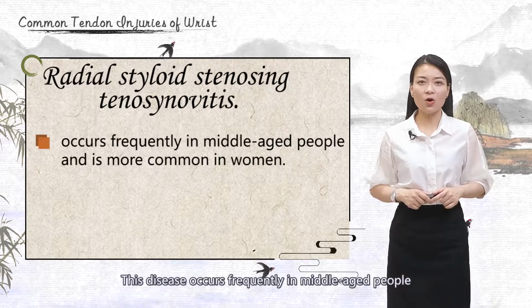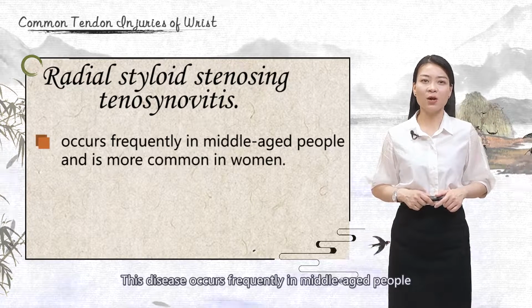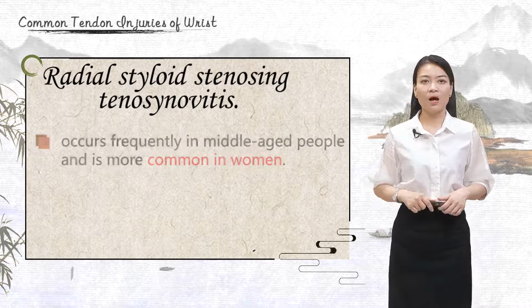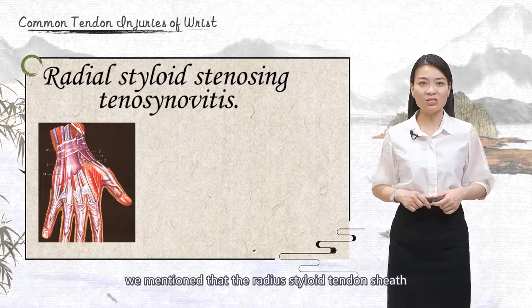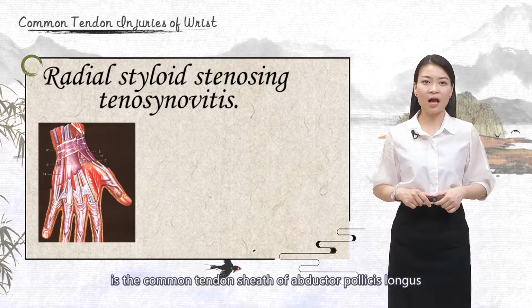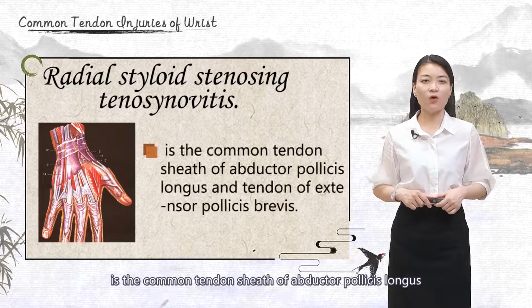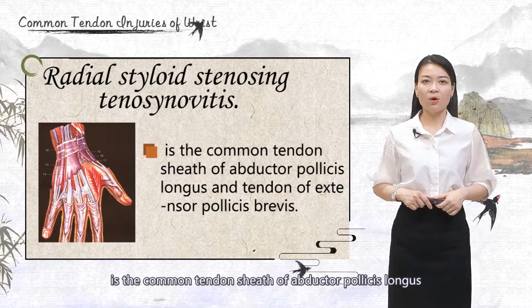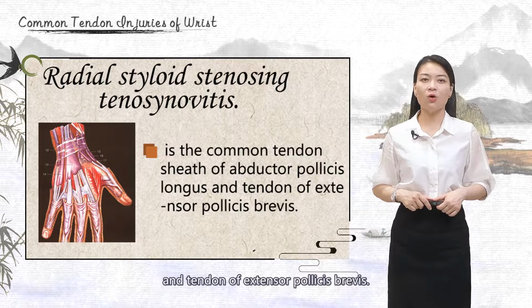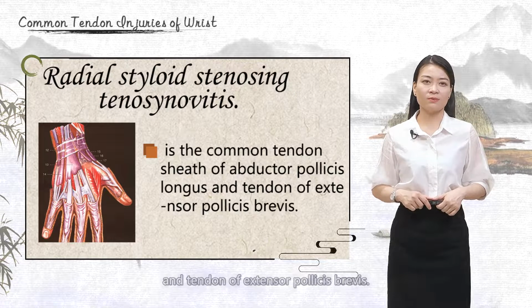This disease occurs frequently in middle-aged people and is more common in women. Anatomically, we mentioned that the radial styloid tendon sheath is a common tendon sheath of the abductor pollicis longus tendon and the extensor pollicis brevis tendon.